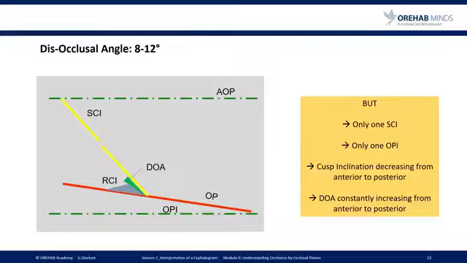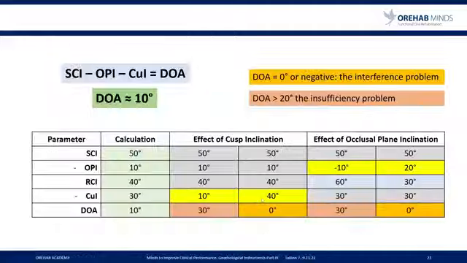And as a consequence, this disocclusal angle constantly increases from anterior to posterior. So we cannot say this angle is 8 to 12 degrees for the whole occlusion based on one occlusal plane. So we have to go one step further.